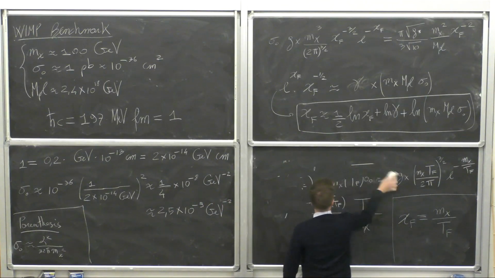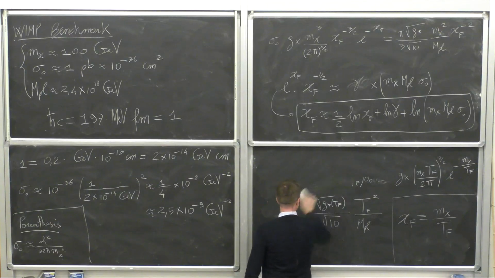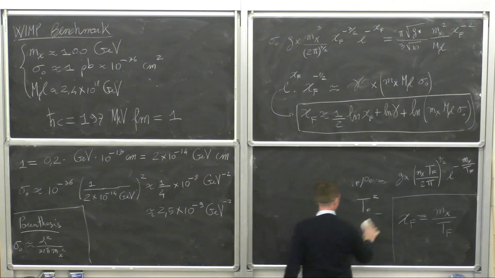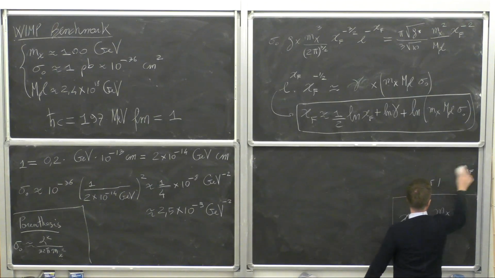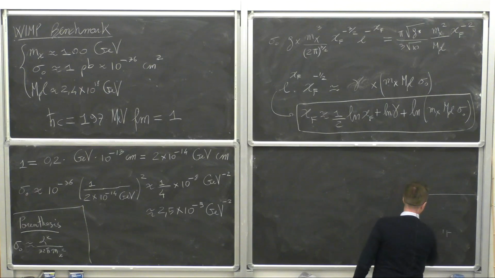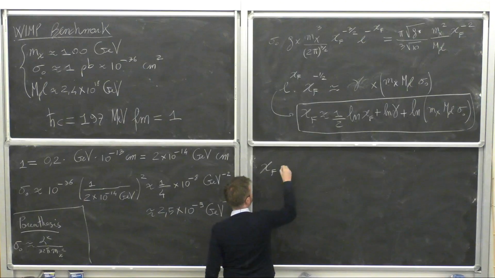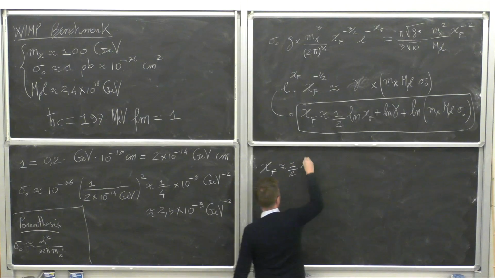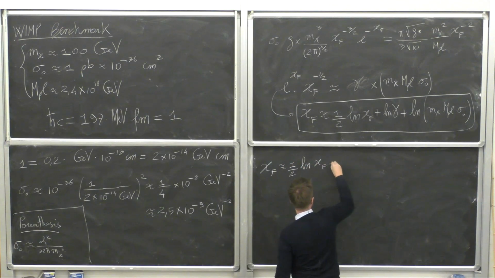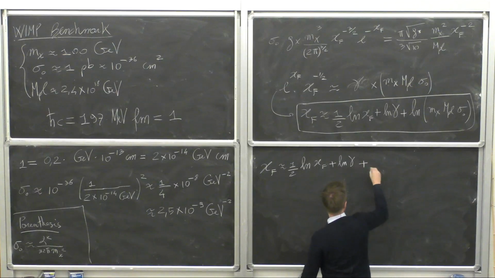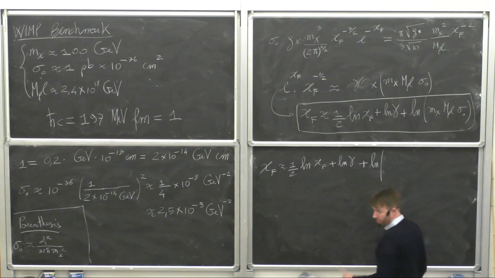Let's compute xF. Once we have xF, it is easy to get to the final number. So I go here: xF equals 1/2 log xF plus log gamma plus log, and now I put in the numbers.